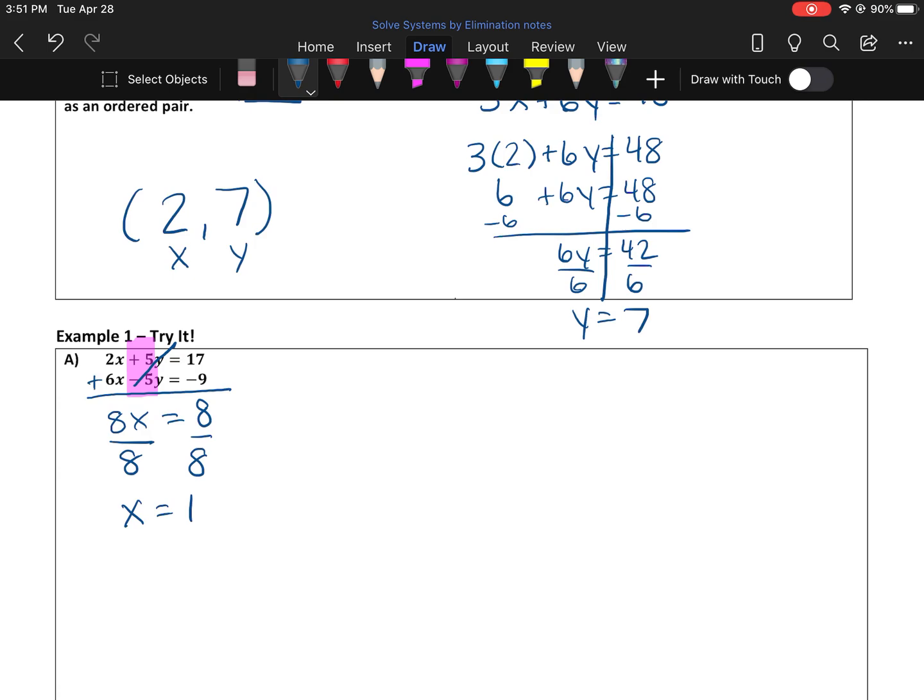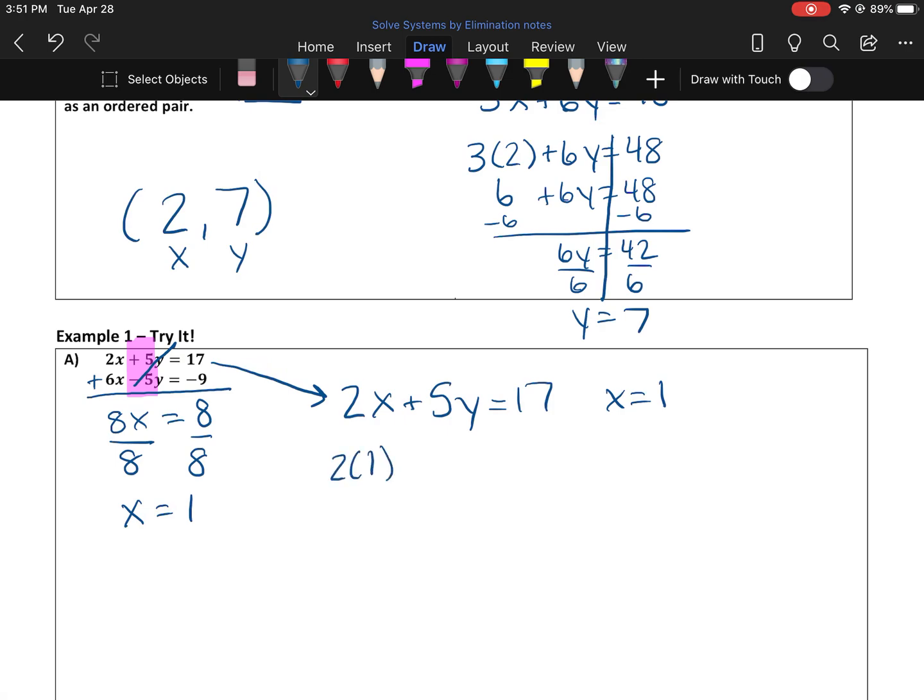But I need to find y. I'm looking for an ordered pair for my final answer. So I'm going to take one of those equations. I'm going to use the top one this time. Here's my equation. x is equal to 1.